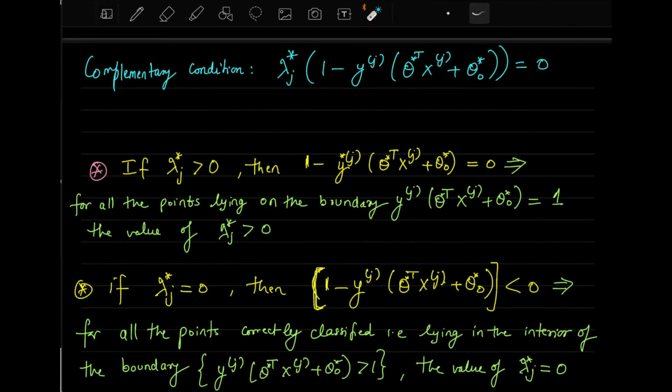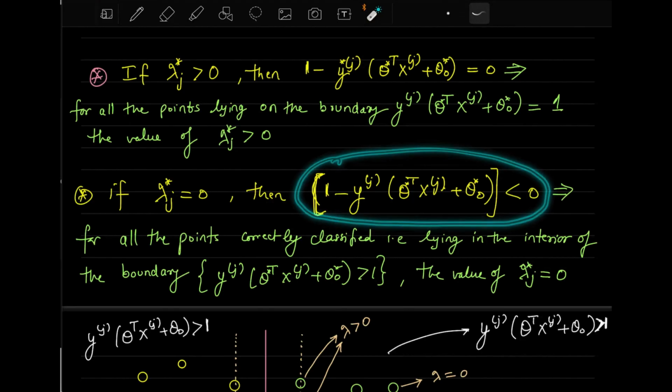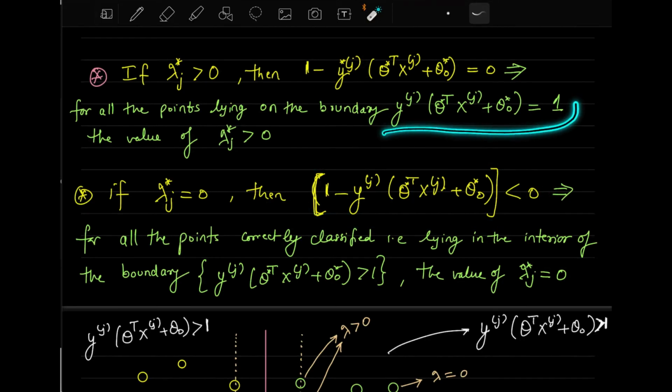This is what this condition is telling. In the second condition, it is saying that if lambda is equal to 0, then you are not lying on the boundary.